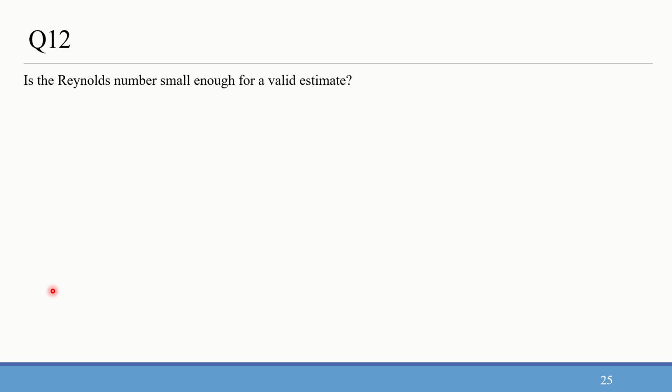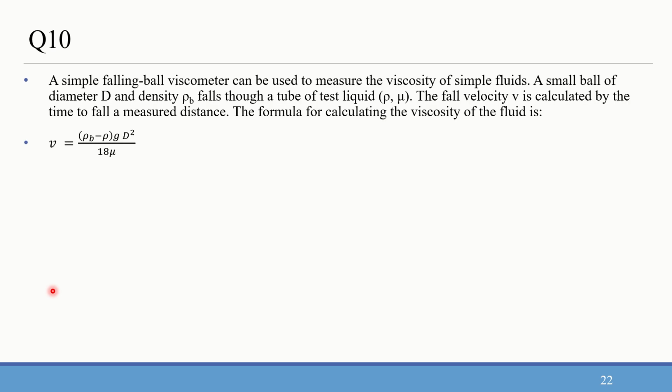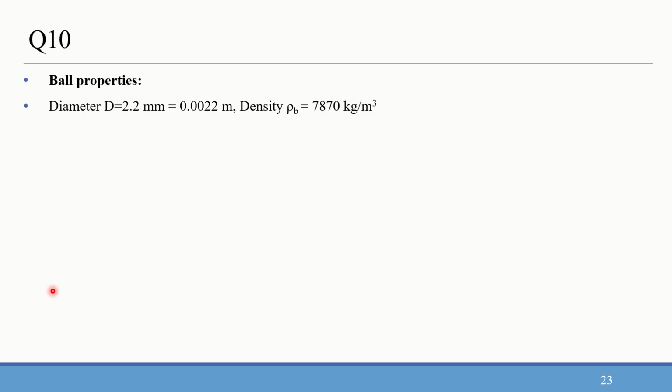It should be less than 1. Since it is less than 1, this particular setup can be used for measuring the viscosity, and it can be used as a simple falling ball viscometer.